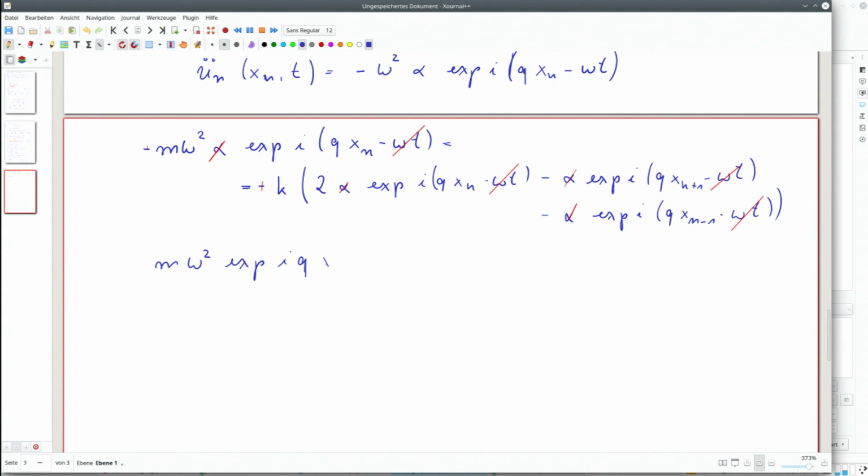q xn equal K 2 IQ xn minus, and now we can use the fact that we have these equal distances, xn is just n times a.